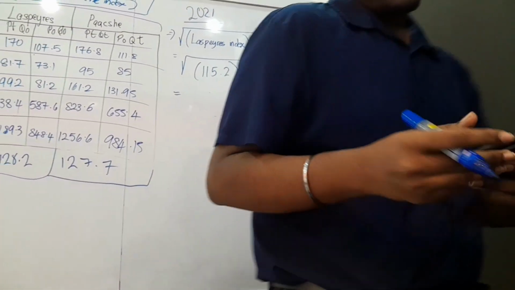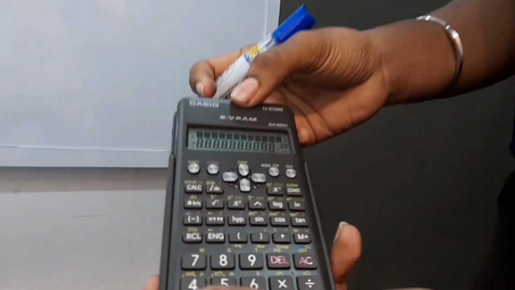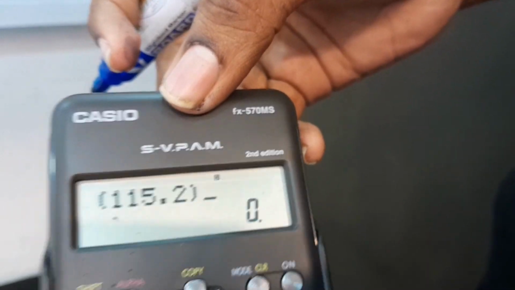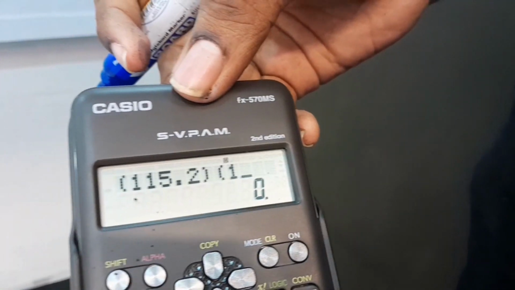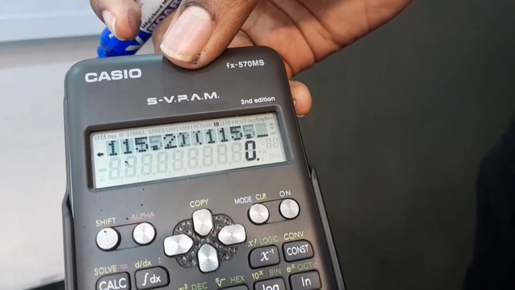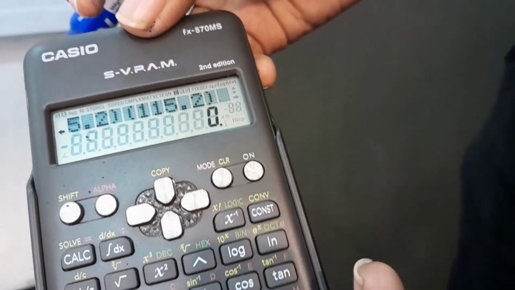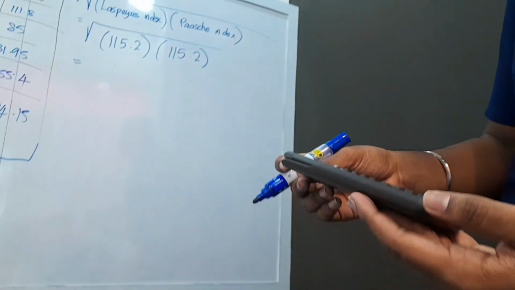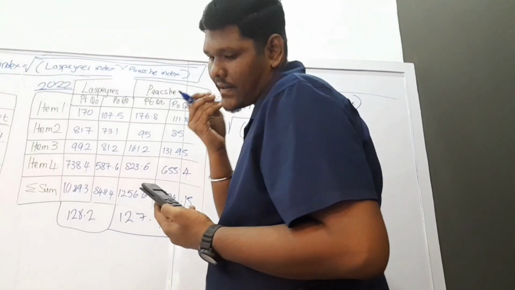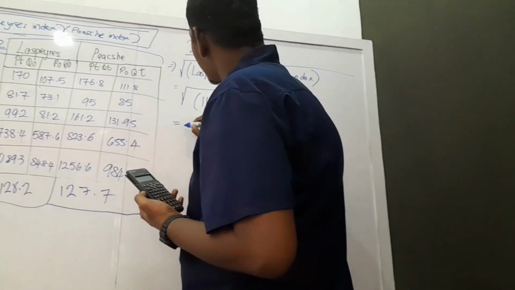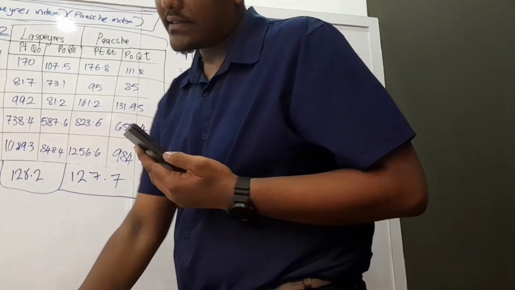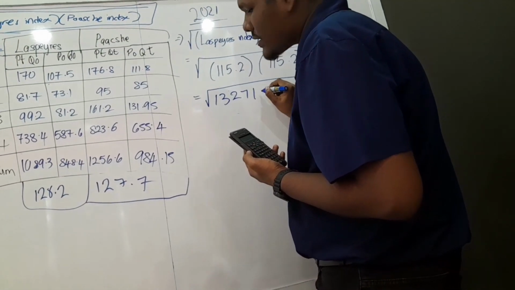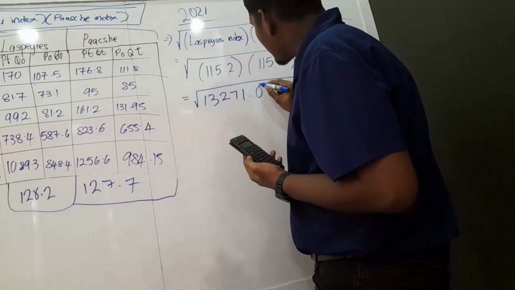Bracket 115.2 close bracket, another open bracket 115.2 close bracket, and the answer is 13271.04.